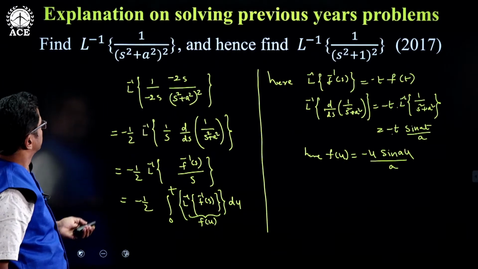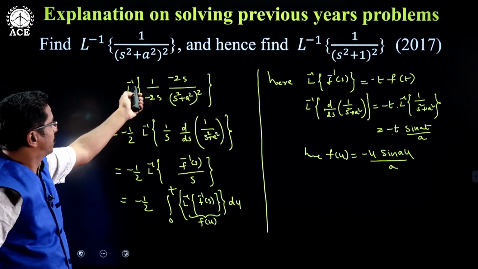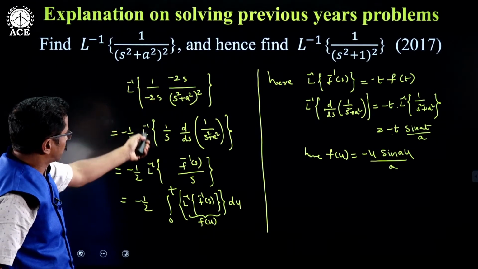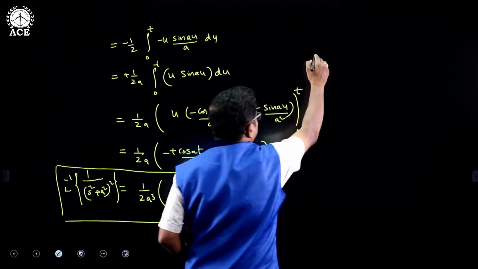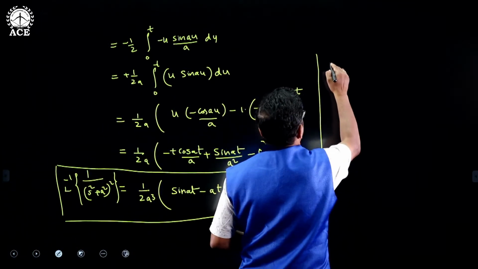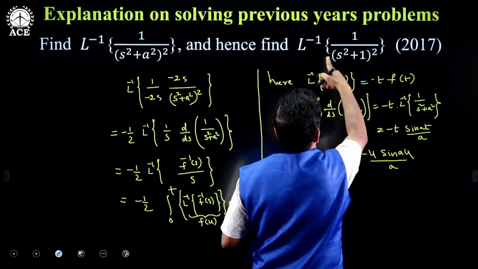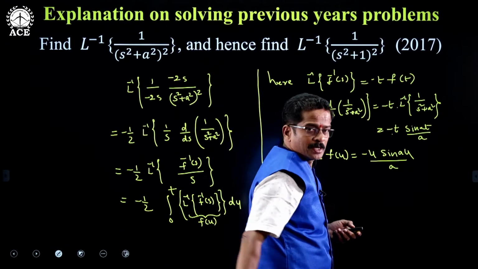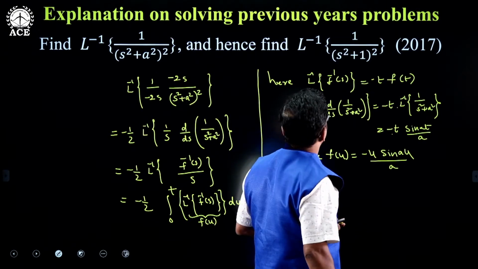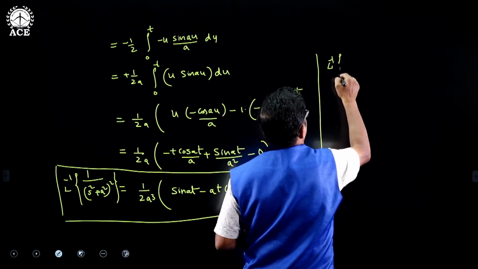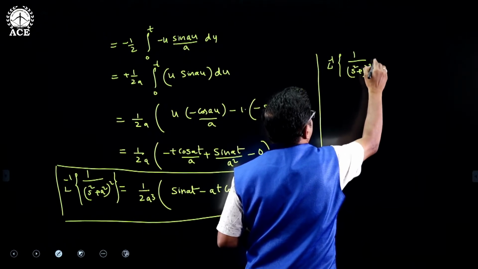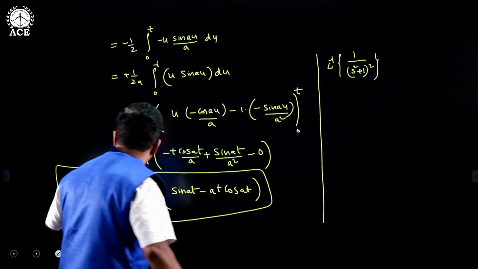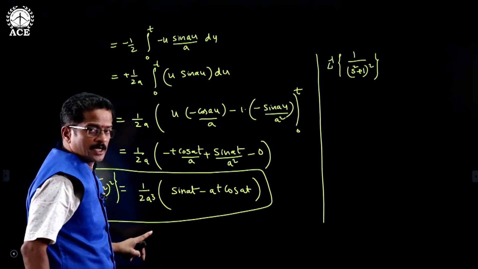Now the question is, even also find the L inverse of 1 by s square plus 1 whole square. So you see here, in the place of a we have 1. So substitute a by 1.